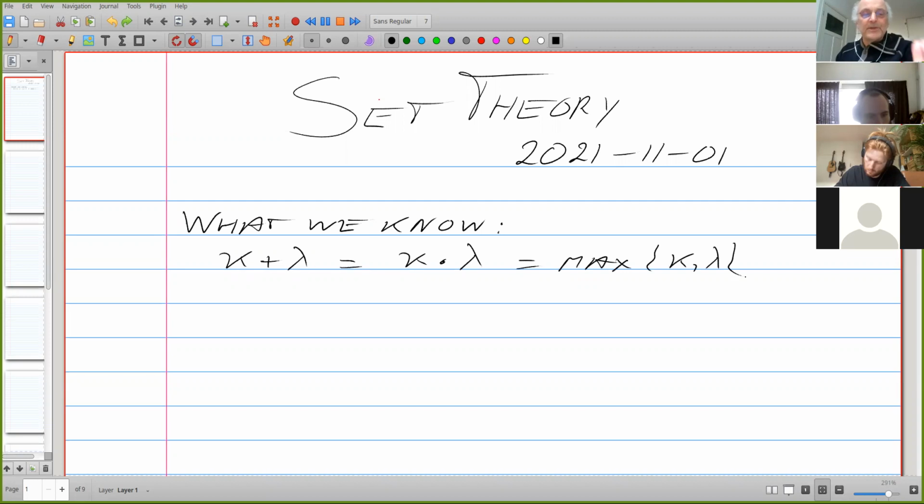I'm just writing this down to emphasize that normal arithmetic, addition and multiplication, is easy. If we have two infinite cardinals, we take the maximum of the two, and that happens to be the product and the sum.